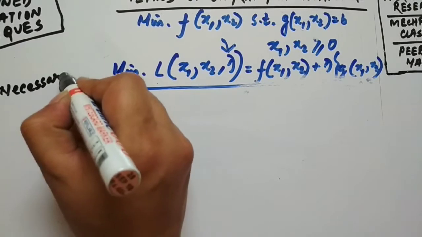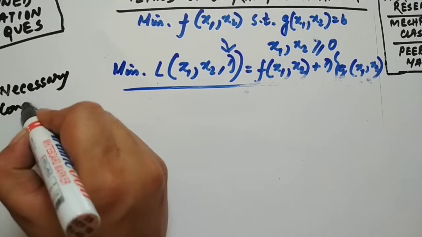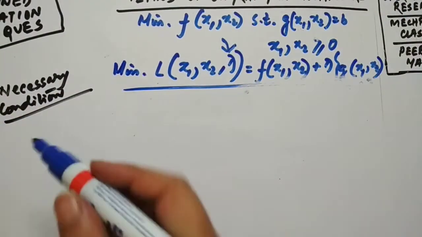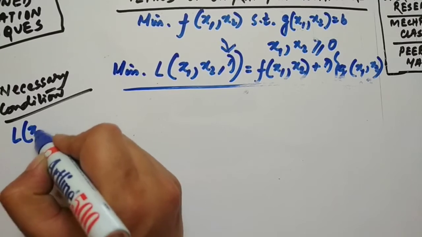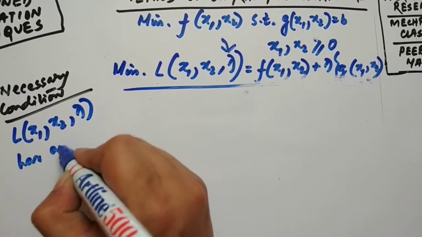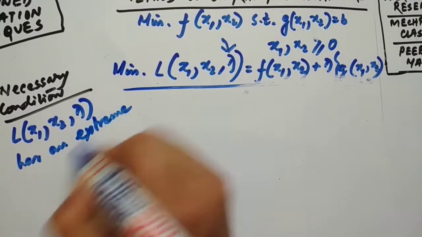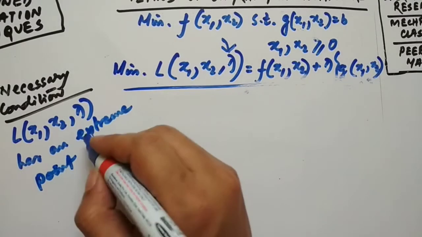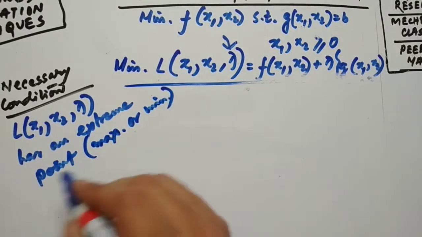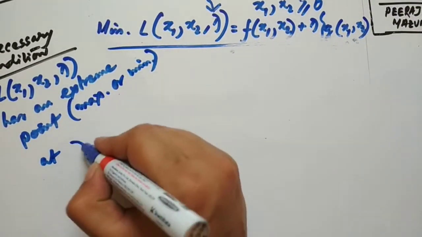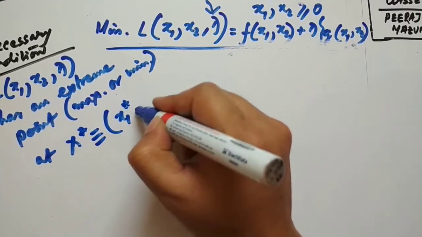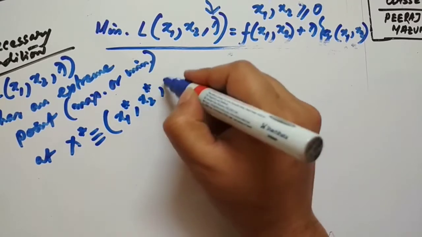The necessary conditions are, say, L of x1, x2 and lambda has an extreme point, maximum or minimum, whatever, at, say, x star, which is equivalent to x1 star comma x2 star comma lambda star.